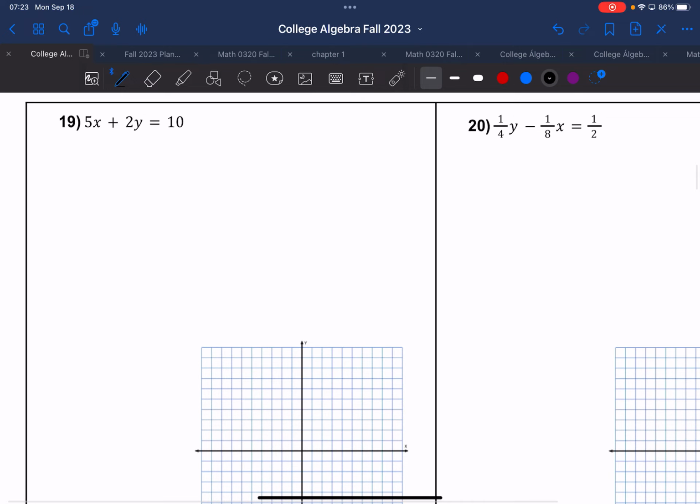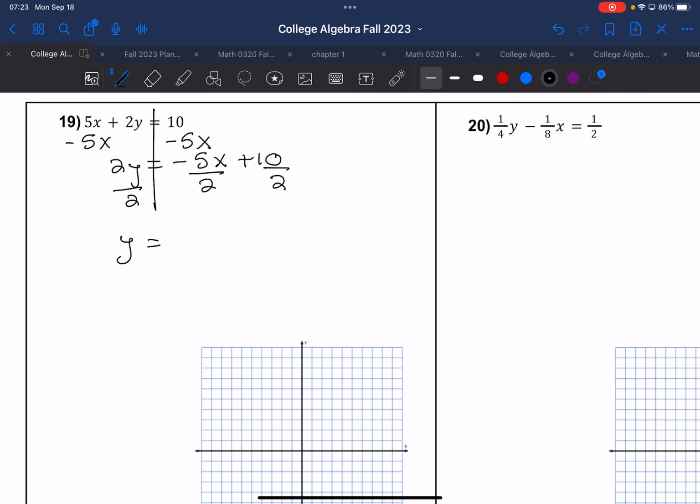So on 19, we're turning this first into that slope-intercept form. So our first step would be to do what? Good, subtract 5x. So I get 2y is equal to negative 5x plus 10. And then last step, divide by 2 every term.